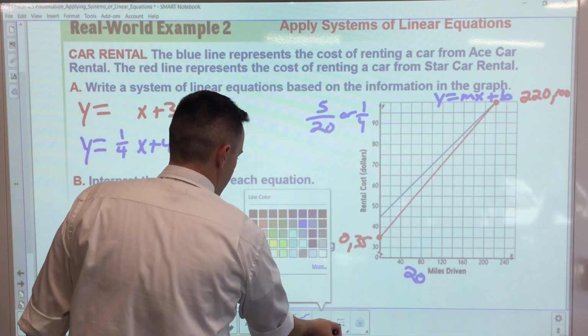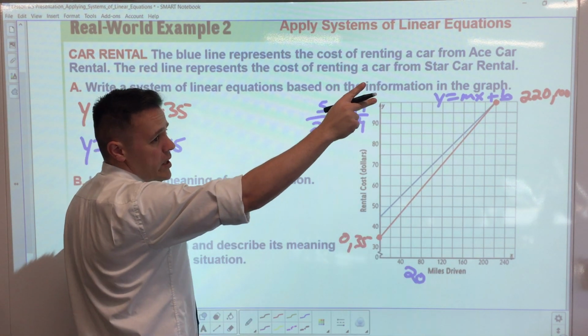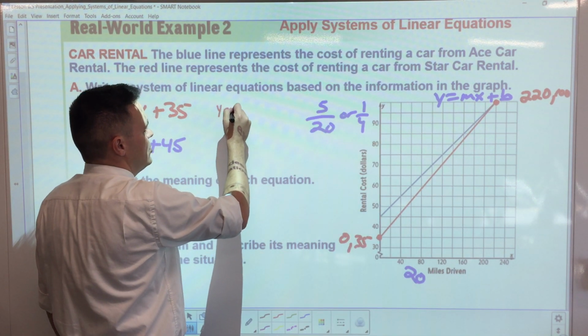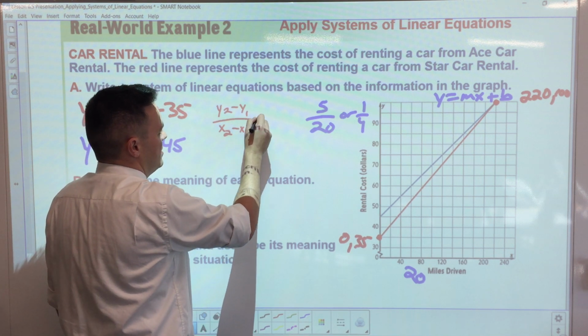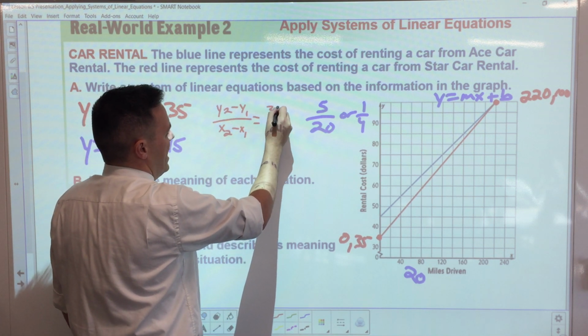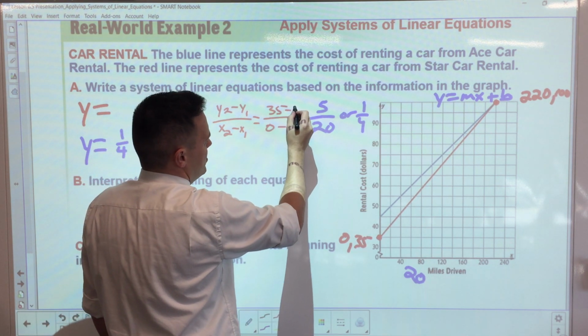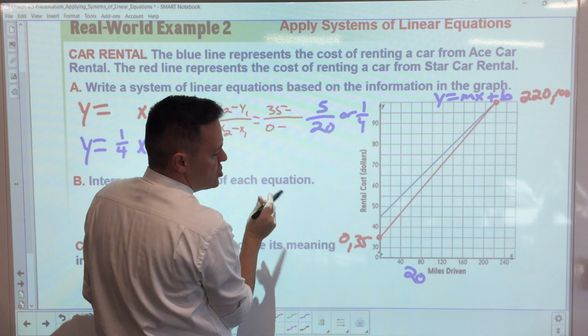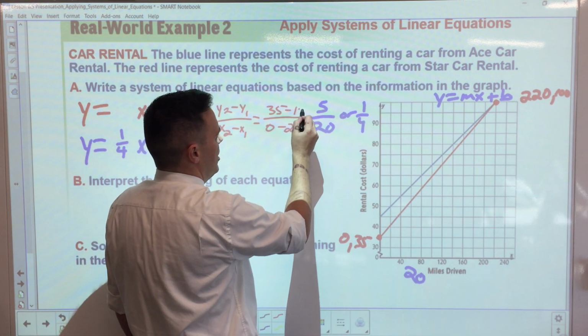Okay, so let me switch to the skinny one finally. If I give you 2 points, remember to use the y2 minus y1 slope formula. It would be 35 over 0 minus... My x value is going to be 220 over 100.